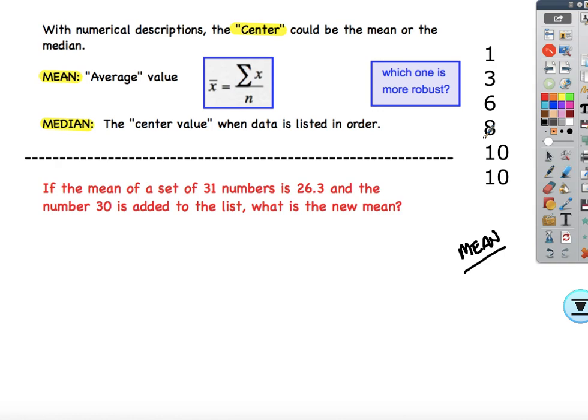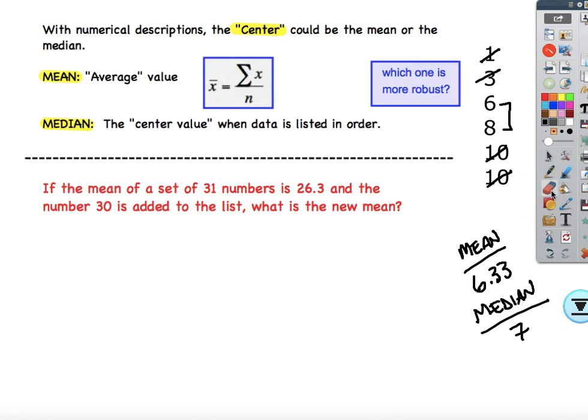Okay, I am getting a mean of 6.33. And the median would be the middle term, as long as they're in order, which they are. So if I cross off, these two numbers are in the middle, so I would need to average those. So I would have a median of 7.